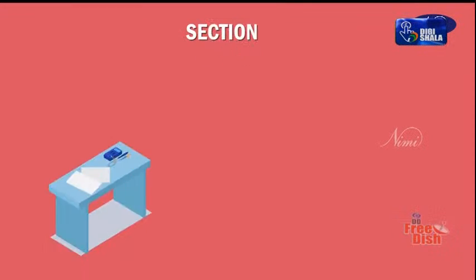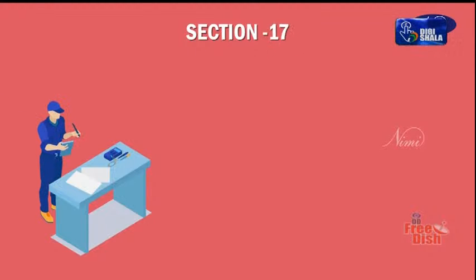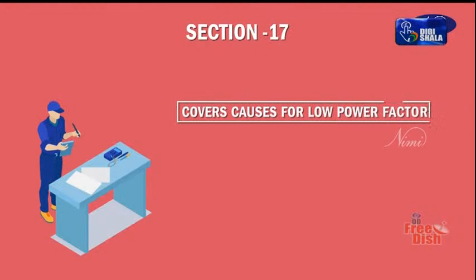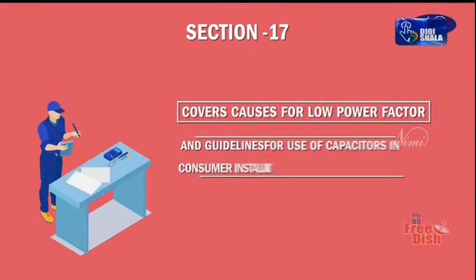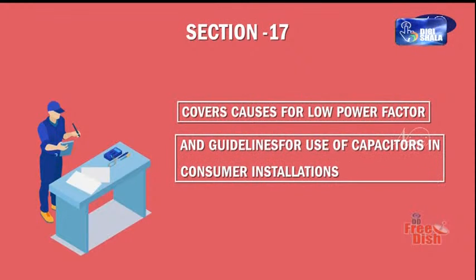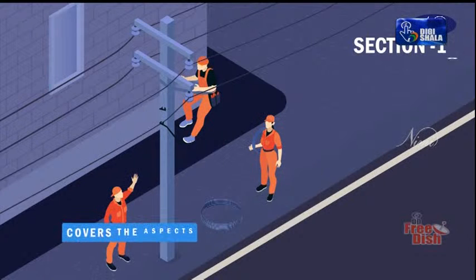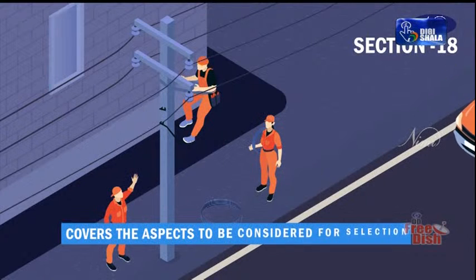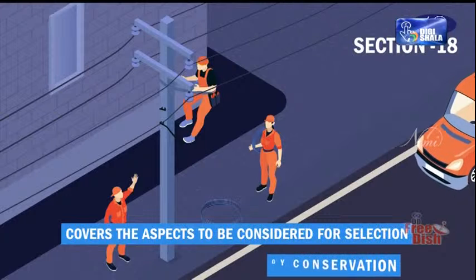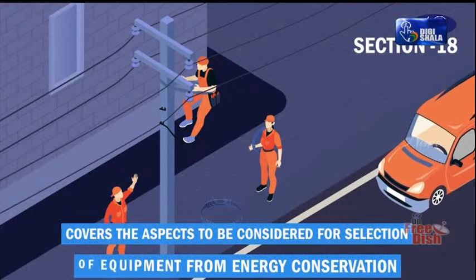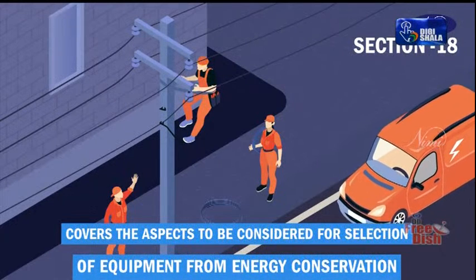Section 17 covers causes for low power factor and guidelines for use of capacitors to improve the power factor in consumer installations. Section 18 covers the aspects to be considered for selection of equipment from an energy conservation point of view and guidance on energy auditing.